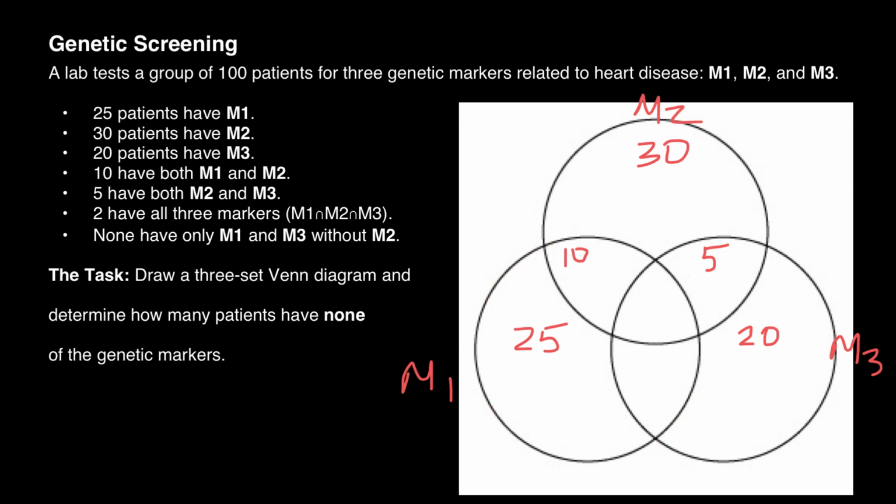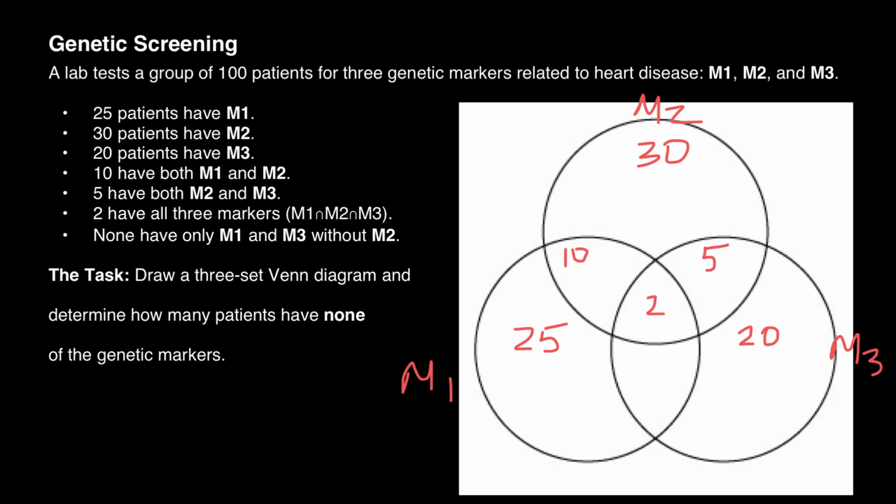The intersection of M1, M2 and M3 is going to be the space here. We have 2 such patients here. Let's put 2 here. And lastly, none have only M1 and M3 without M2. M1, M3, this is the intersection without M2. So that means that in this intersection here, we don't have any patients.